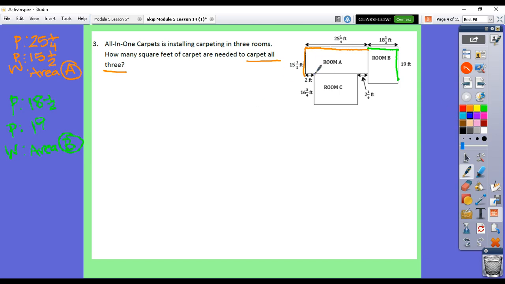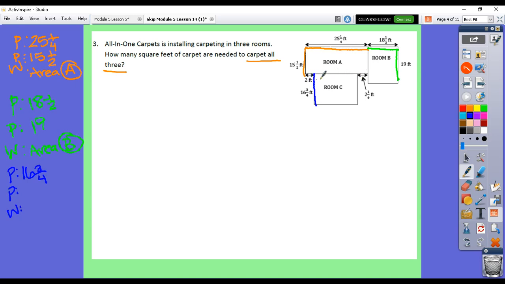And then we have room C. We do know the width, which is 16 3/4 feet, but what we don't know is the distance from here.